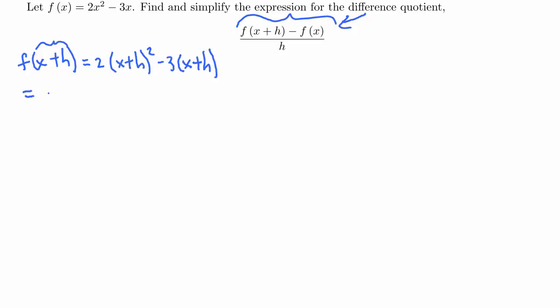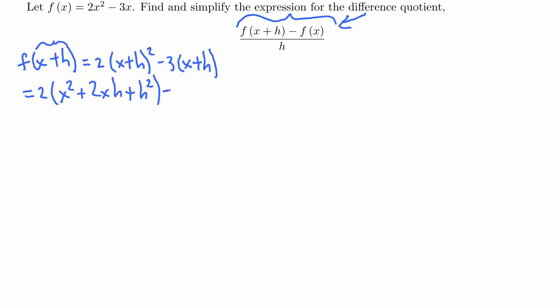Then I simplify. I have to square before I multiply because of the order of operations, and I can go ahead and distribute the negative 3 there as well. So this gives me 2 parentheses, and whenever you square a binomial, you should get something like this: x squared plus 2xh plus h squared.